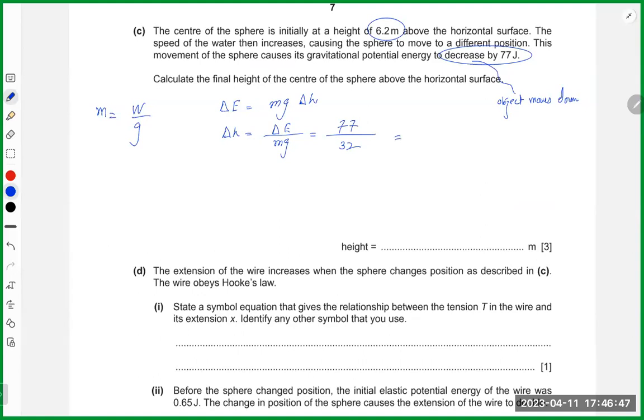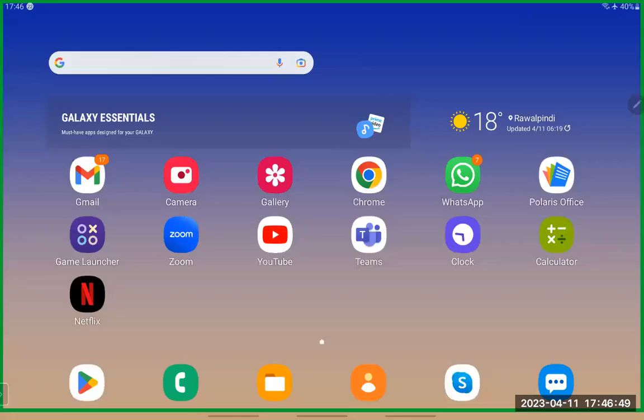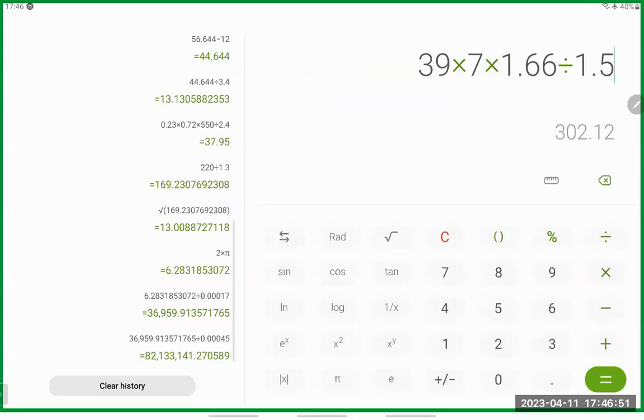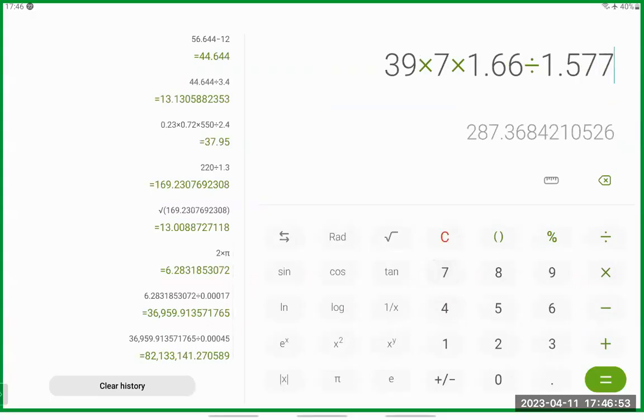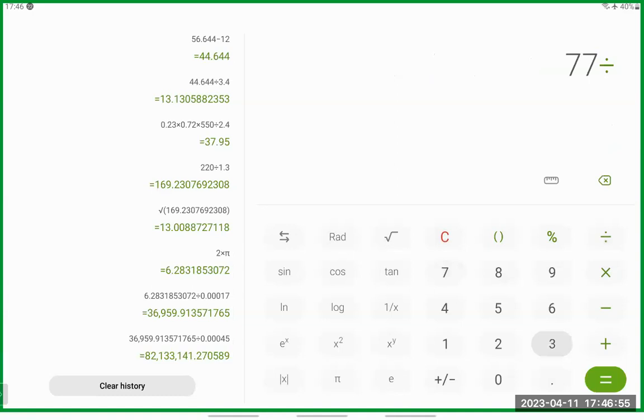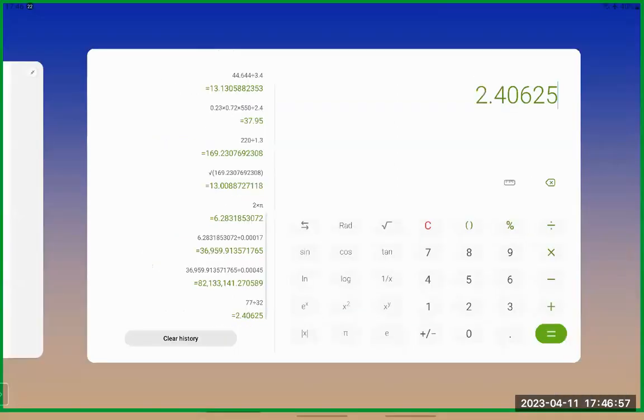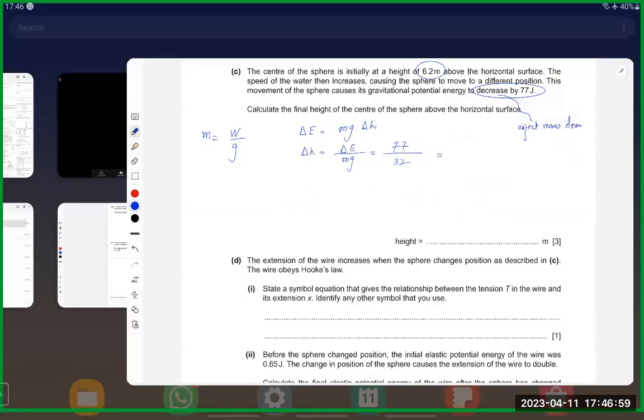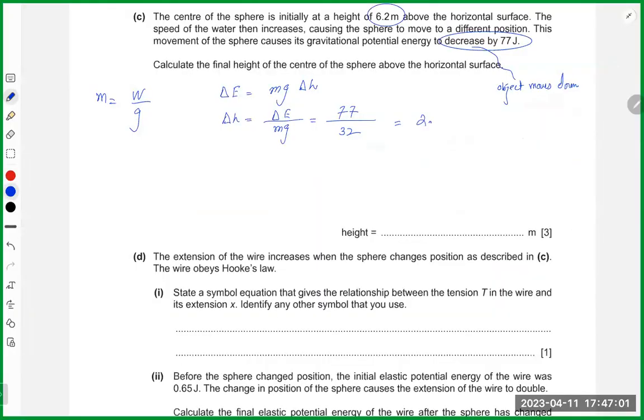So, sir, 2.4. 77 divided by 32, 2.4 meter. Change of height equals energy divided by mg.